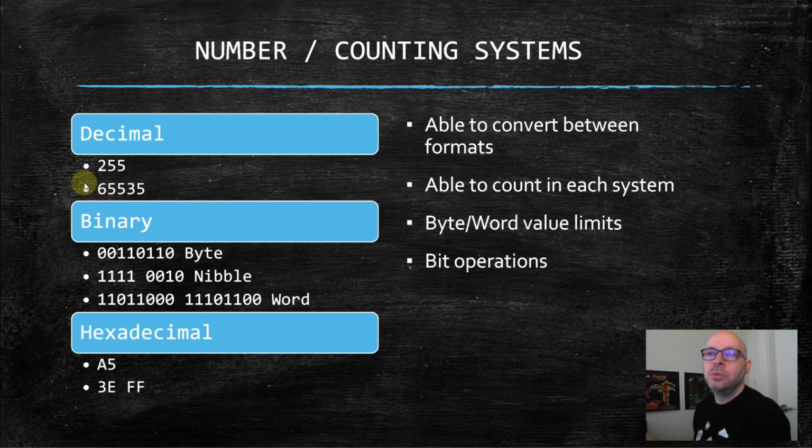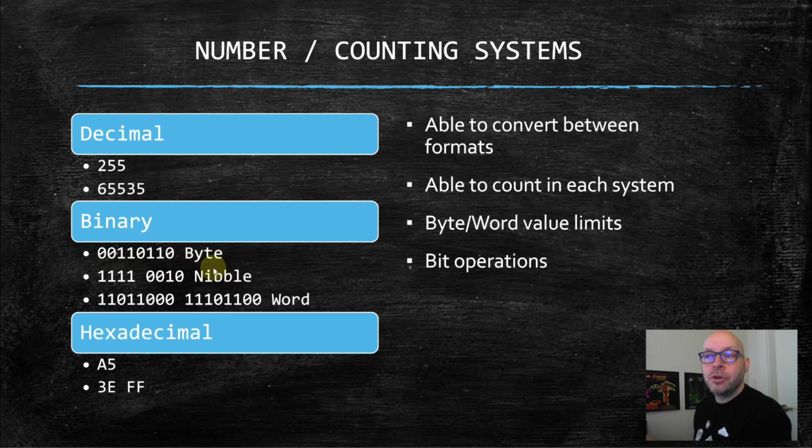So it's very useful to be familiar with the counting systems that are involved with our microcomputers, being decimal, binary, and hexadecimal. So for example, if we take a look at our binary example here, the first one is a byte, which is a string of 8 bits stuck together. And as you probably know, a bit can have one of 2 different states, being either on or off, represented by a 1 or a 0.